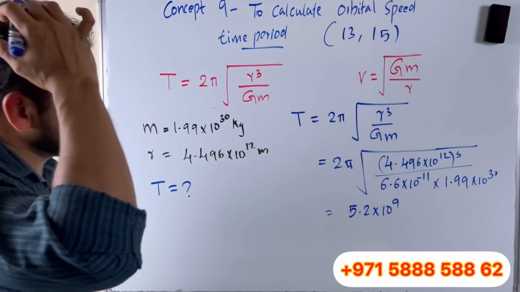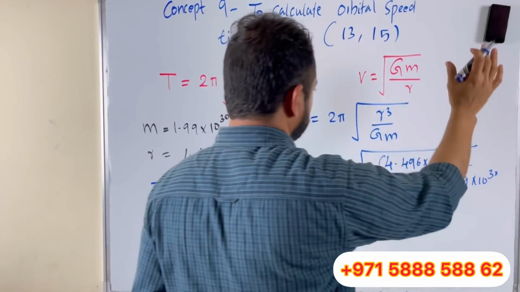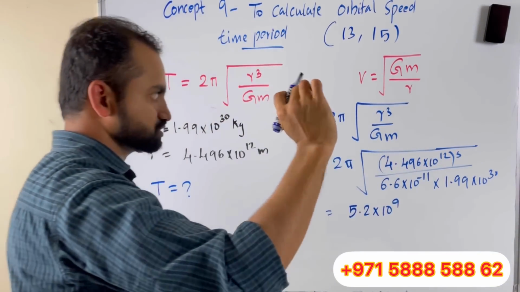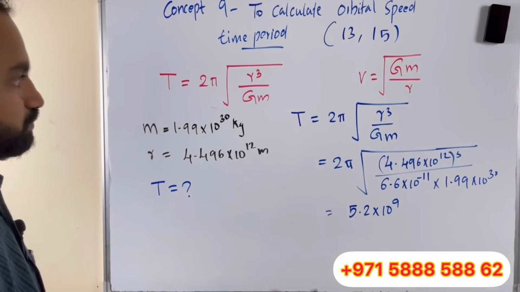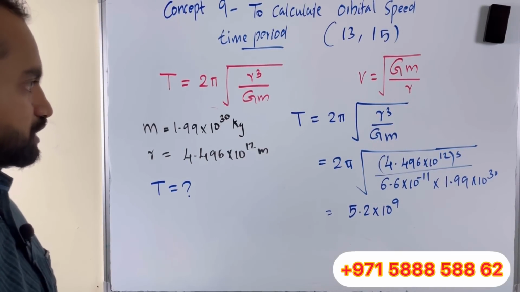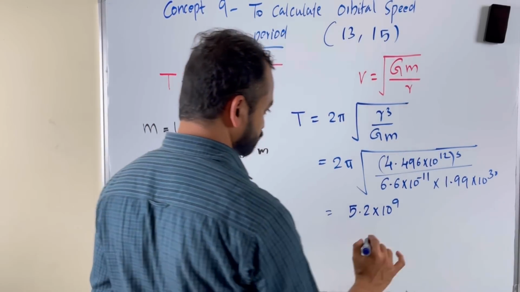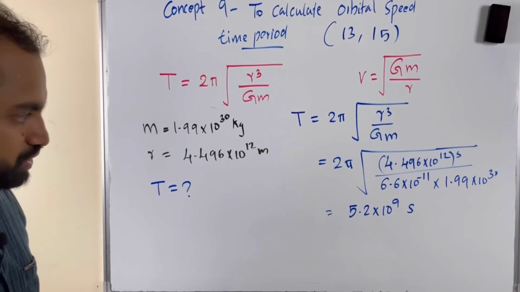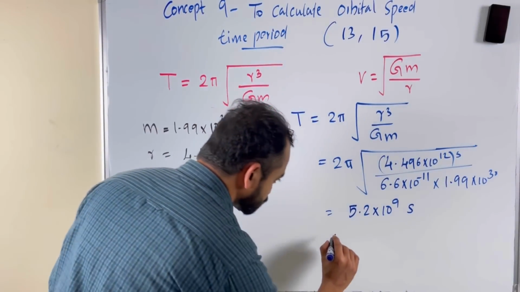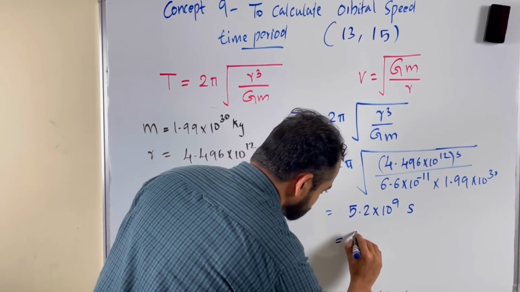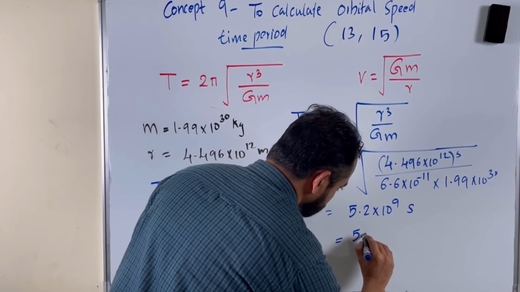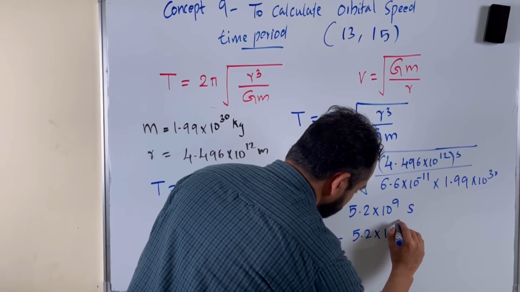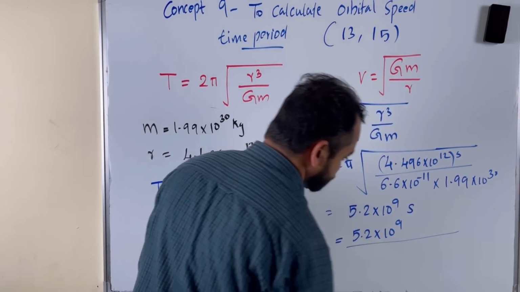So here we used everything in SI units, right? We used the distance r in meters, and mass in kilograms, so we will get the answer in SI units. The time period we got is in seconds. If you want to change this into years, how to do it?